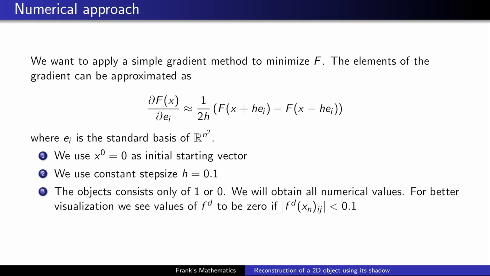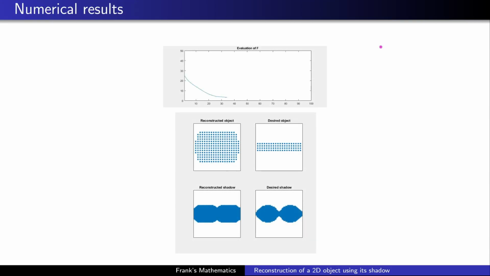So let's start with the numerical results. We start with the rectangle, as always in the beginning, and what you can see here is the first 100 iterations of the gradient descent, the desired shadow and the reconstructed shadow, as well as the desired object and the reconstructed object. In addition, there is the evaluation of our function f.